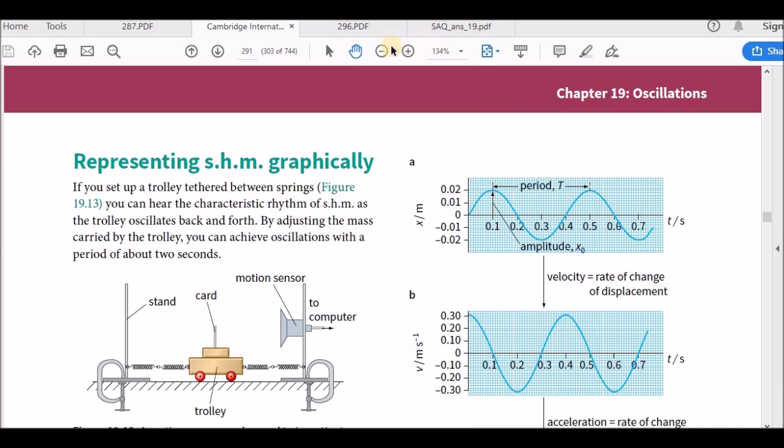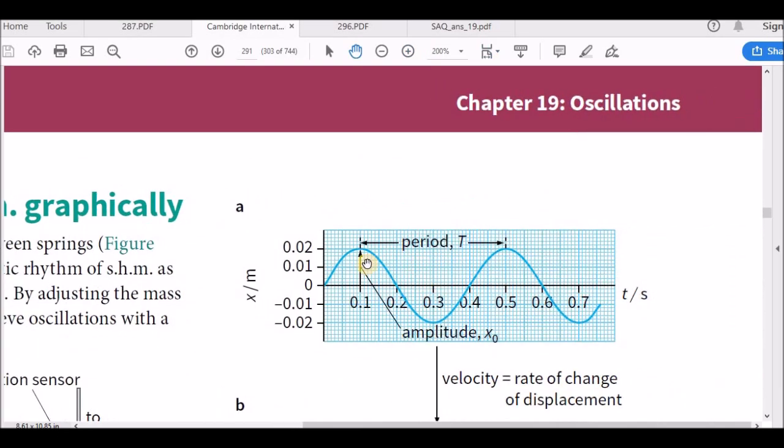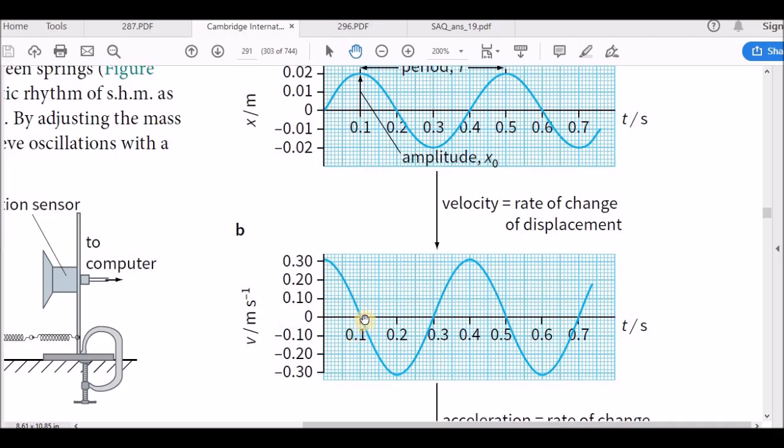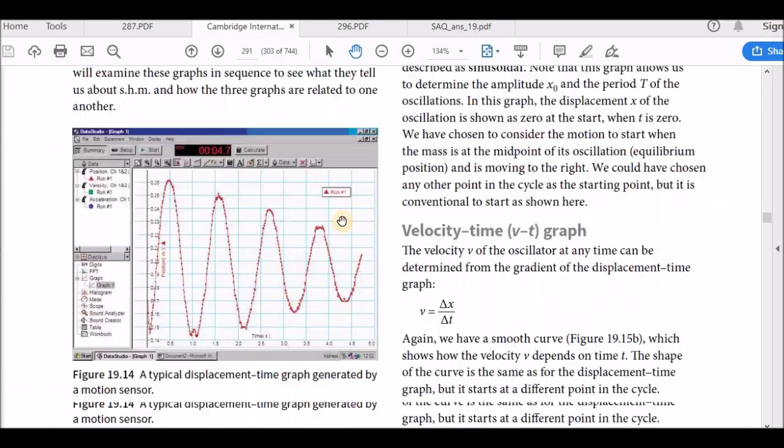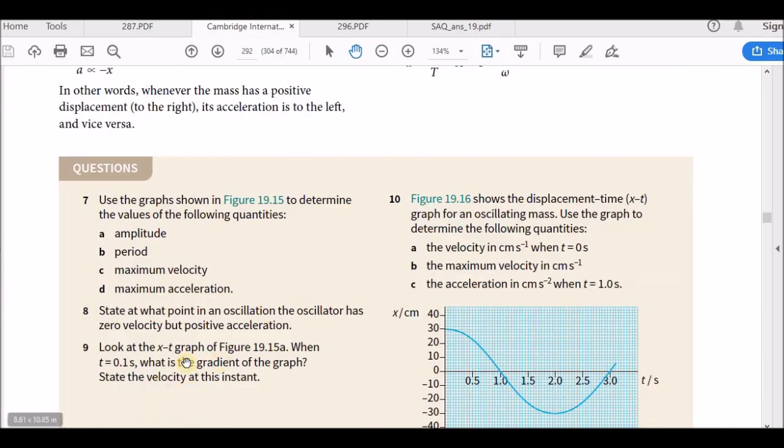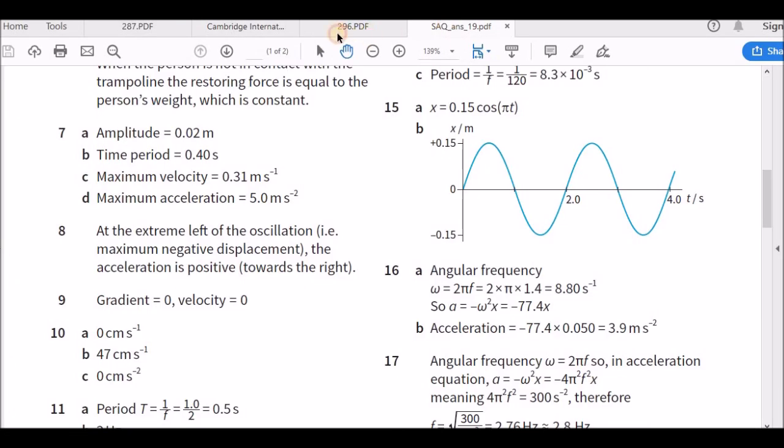If you look at this closely, if you draw the gradient when the time is 0.1 seconds, the gradient is 0 and it corresponds to the velocity. So gradient is the velocity, therefore the velocity is 0.